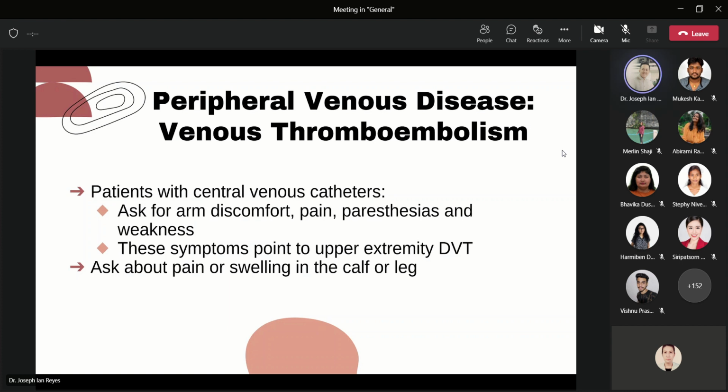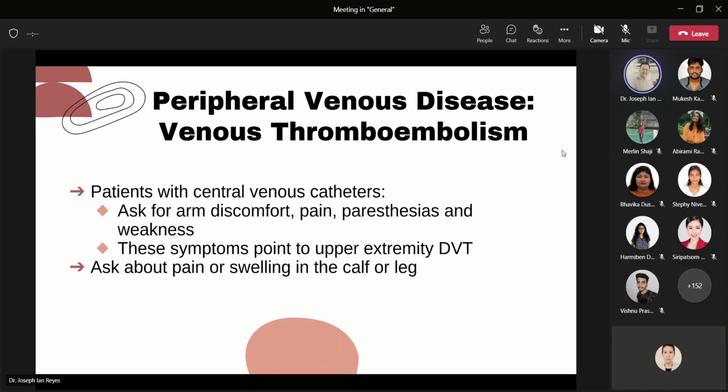If you have arm discomfort, pain, paresthesias, and weakness, think of upper extremity DVT, because most commonly these are caused by catheter-associated thrombosis. So if patients have venous catheters or central venous catheters, you ask about those symptoms.